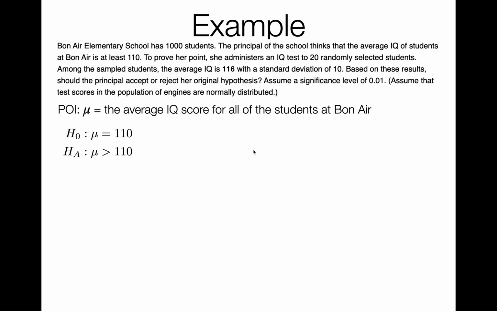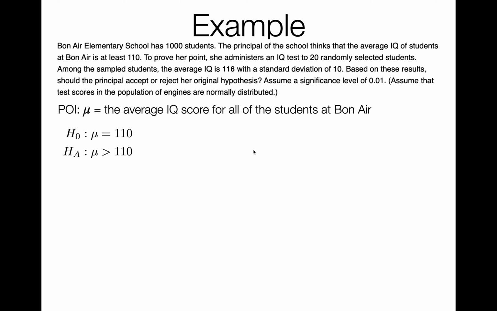The point of contention is around 110. The principal thinks that the average IQ of a student is at least 110, so hence assuming greater than 110. You could put equal to there, but we don't really go over that. We only have 3 choices: less than, greater than, or not equal to. This falls into the greater than camp.